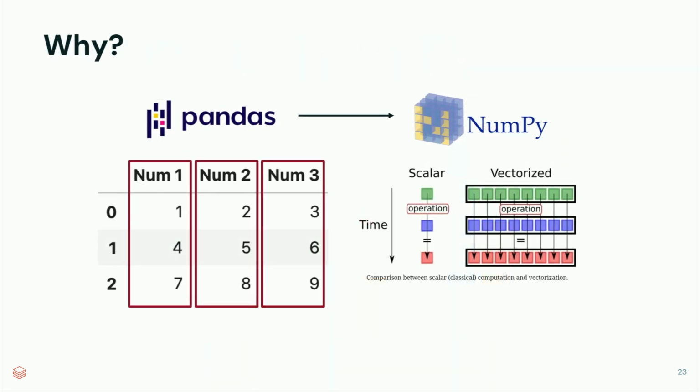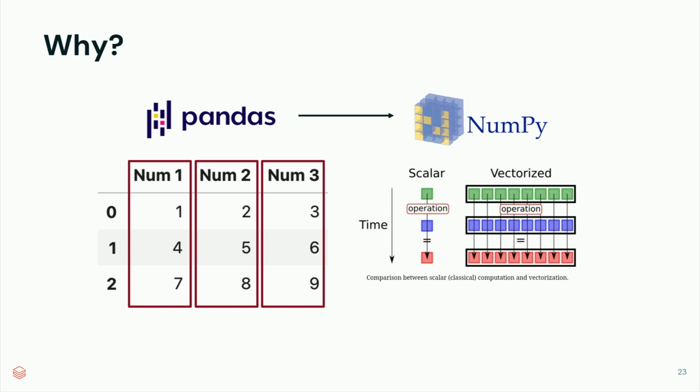So we investigated why. Pandas is backed by the NumPy array, right? And the NumPy array itself supports vectorized operations, which are CPU friendly, SIMD, right? Basically, NumPy allows your CPU to bring in the data as a batch and apply the computation in batch.